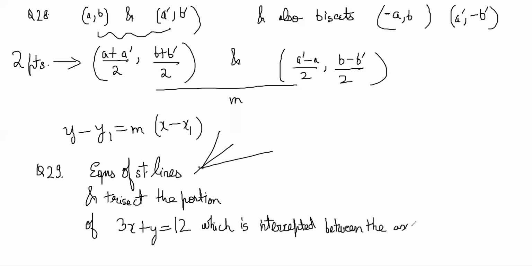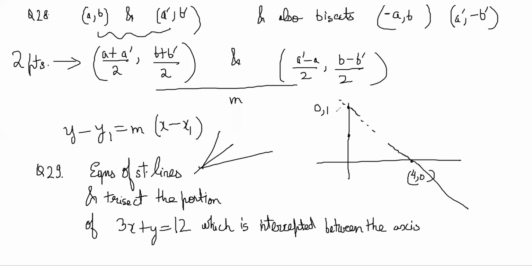You can find the points of trisection, no? And then the two-point form. So this is (4, 0), and this is (0, 12). This is my line, right?